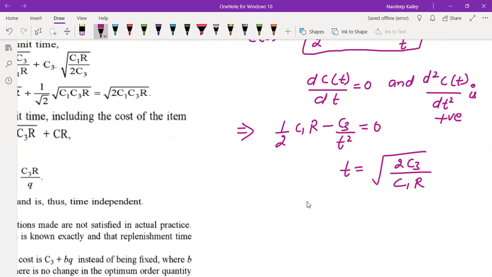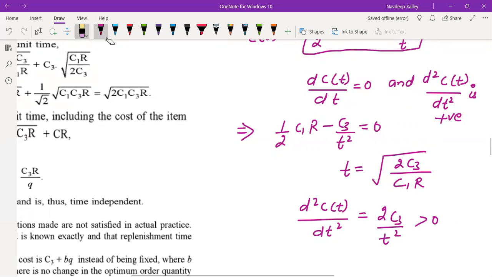Also, the second derivative d square Ct upon dt square is given by 2C3 upon t square, which is positive for every value of t, which is positive for the value of t given above.